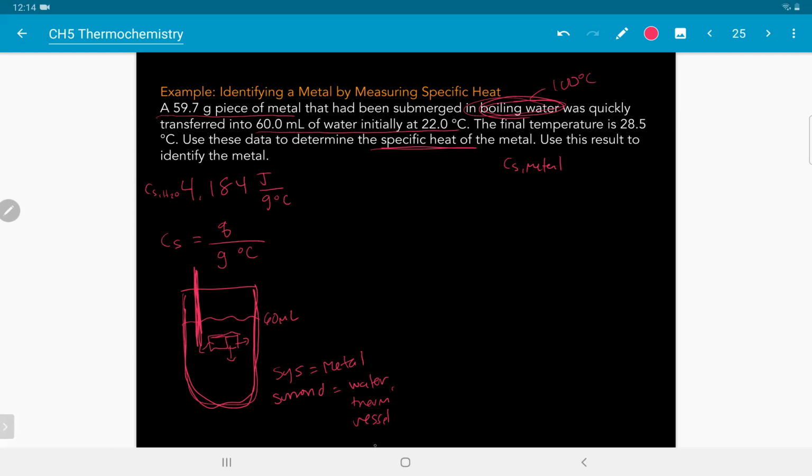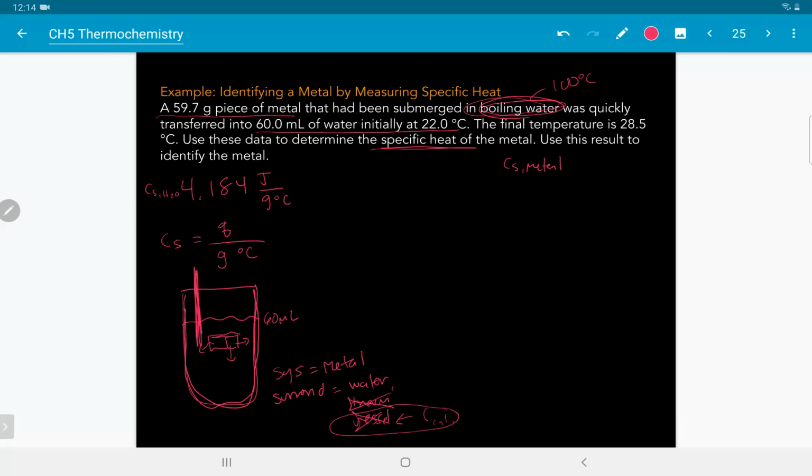But we are going to assume, for the sake of this question, that the amount of heat absorbed by the thermometer is negligible, and the amount of heat absorbed by the vessel is negligible. The reason we assume that is because they didn't tell you what the heat capacity of the calorimeter was. They would give you like C-cal if they wanted you to include the heat that the vessel would absorb as well. So good news is we don't have to worry about that.